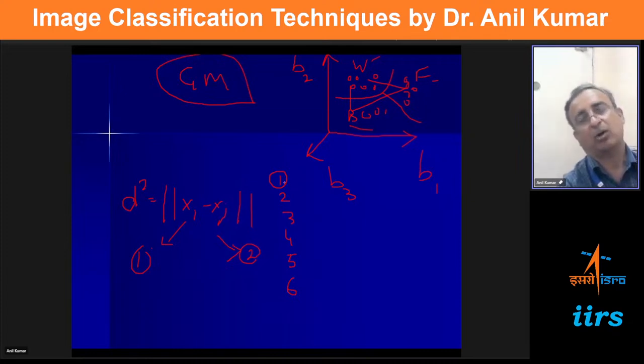It can be only 1 band, or 2 bands at a time, or 3 bands, or 4 bands at a time. Four bands means, out of 6, which are the 4? You can have different permutation combinations, and you have to find which combination is giving the maximum separation between all 3 classes. So this is your Euclidean method.